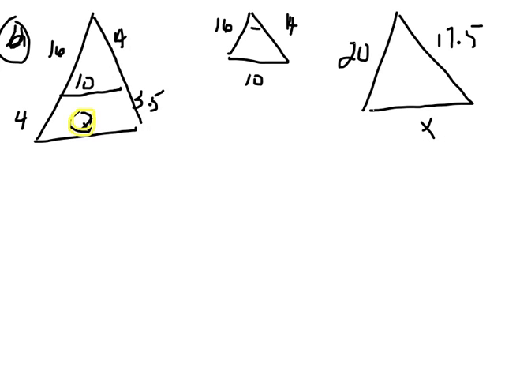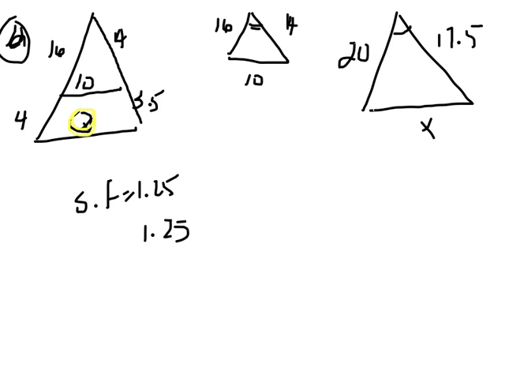I know this angle is congruent to this angle because they're the same angle. If I wanted to find the scale factor, I could say, well, what's 20 divided by 16? Because those sides match up. And the scale factor would be 1.25 there. Let me try 17.5 divided by 14. I also get 1.25 there.